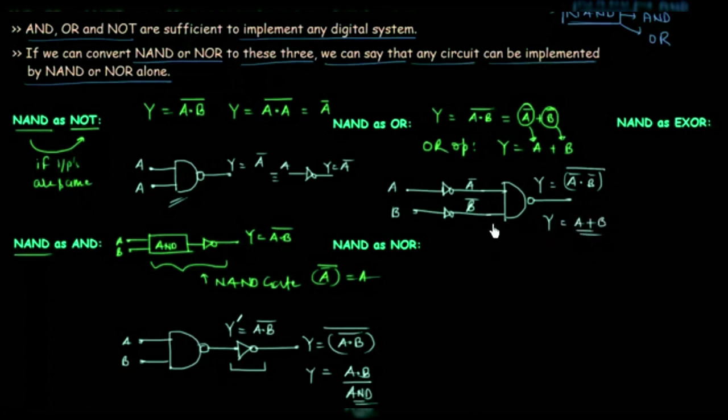So this is how we can implement the OR gate by using the NAND gate, and again we will do the same thing. I will replace these NOT gates by NAND gates having 2 similar inputs. So we have to use 3 NAND gates to implement the OR gate.